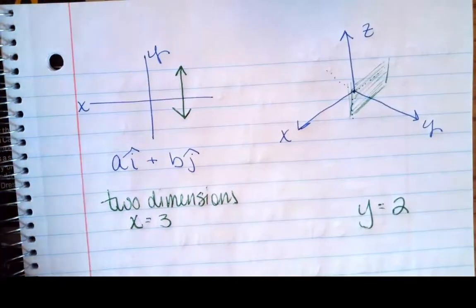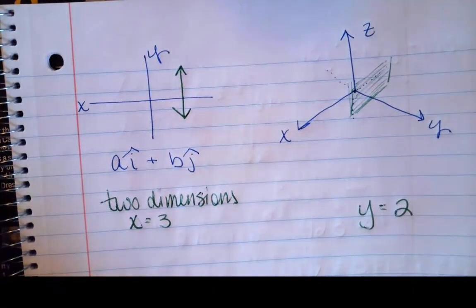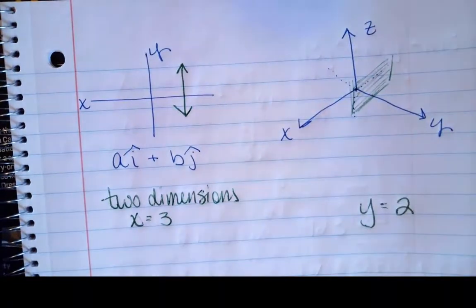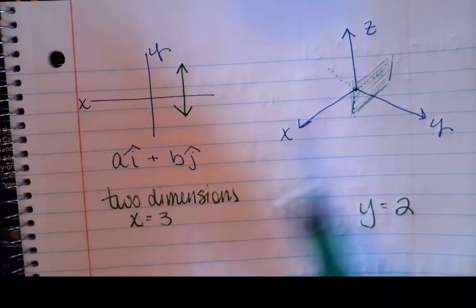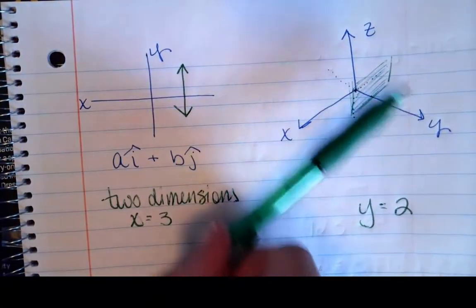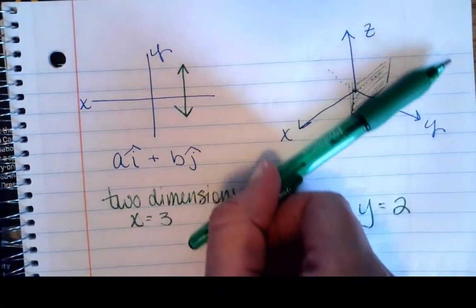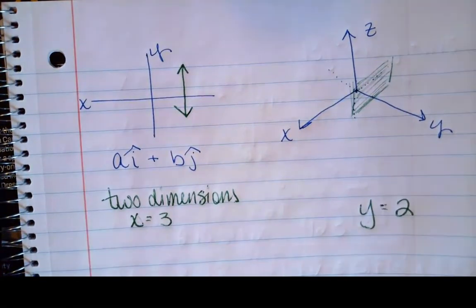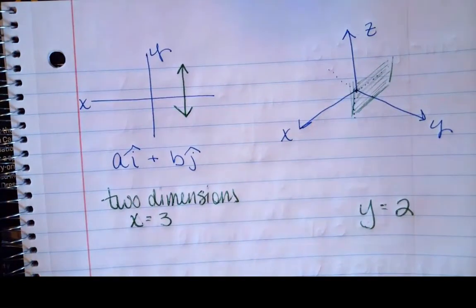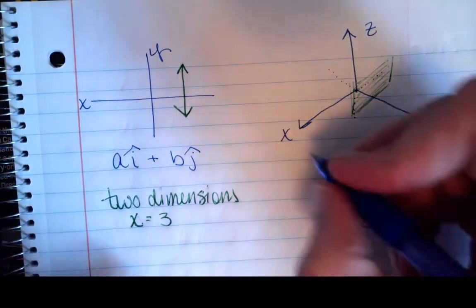And so what you have is a plane, so it's 2 dimensions, length and width, where all of your y coordinates are 2. And it is parallel to the xz plane. Think about just a sheet of paper slicing through the x and z axis. And then the plane y equals 2 is going to be parallel to that. So hopefully that gives you a little bit of insight on what we're looking at.